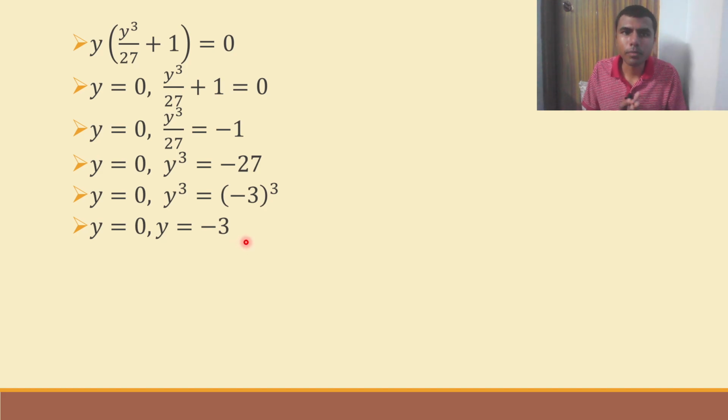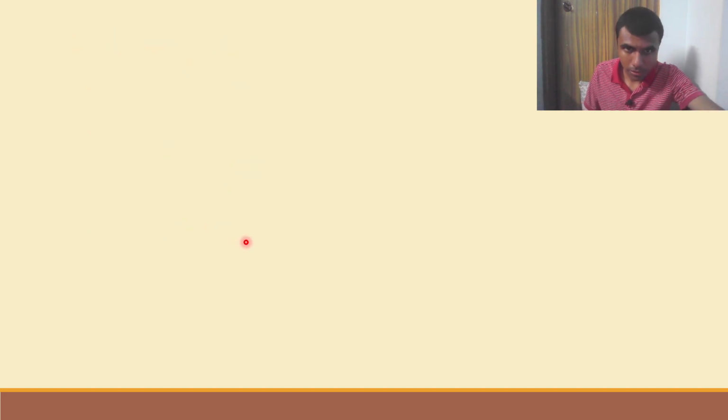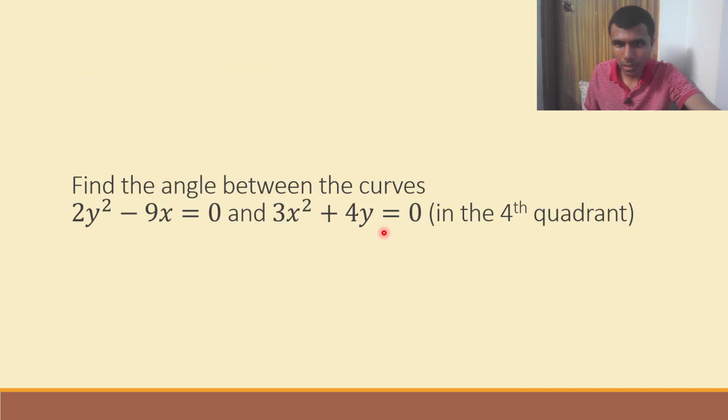Now if you guys remember, I'll just show you. See, what was our question? We have to find out the angle between the curves in the fourth quadrant. When we solved, we got two possibilities, y equal to 0 and y equal to minus 3.